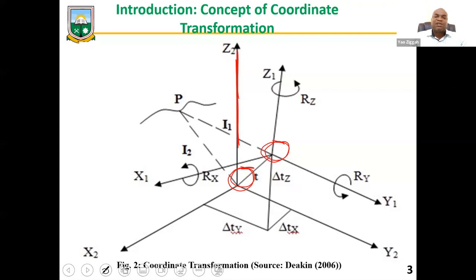To do that, you need the parameters. So the translation parameters, the rotation parameters, and the scale factor are actually the parameters that define coordinate transformation for us, because the translation parameters will help us to make sure that the origins of the two reference systems can coincide now.